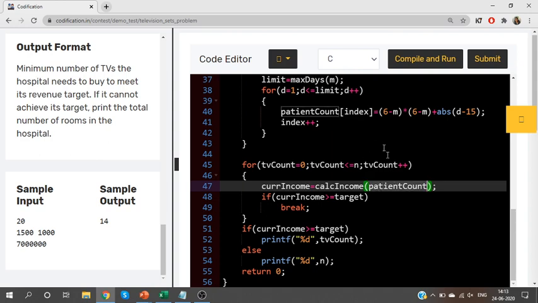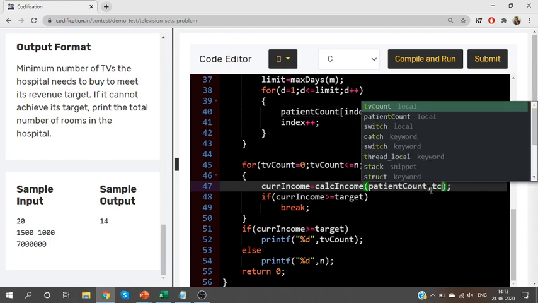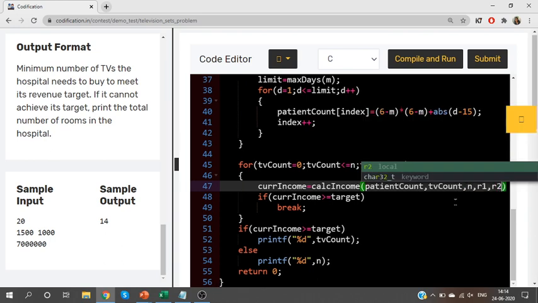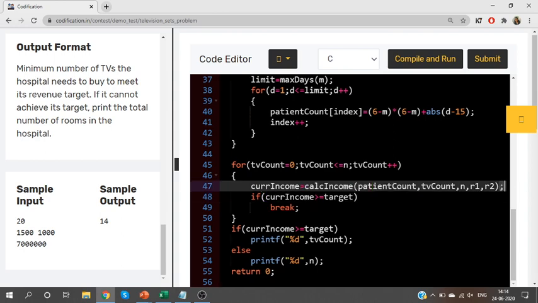I also need to know how many TVs we are considering, because when you have 0 TVs, that is a different concept, and when you have 1 TV, that is a different concept. So how many TVs, and the total number of rooms R1, R2.